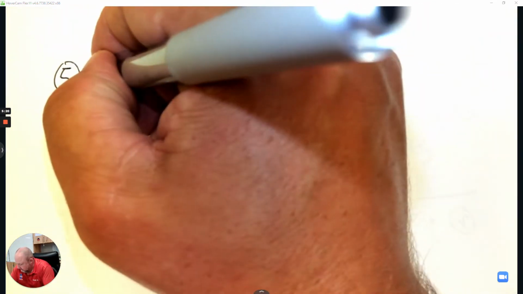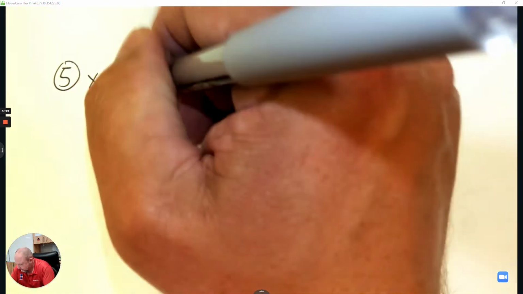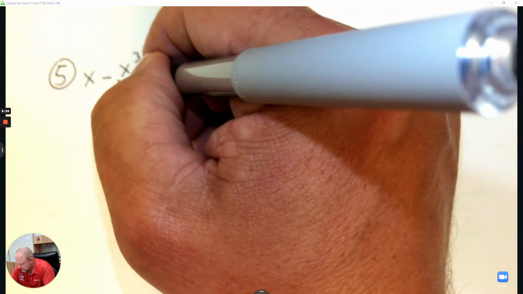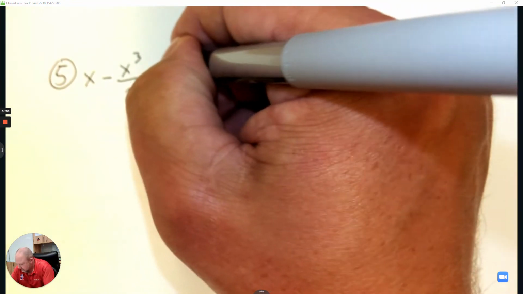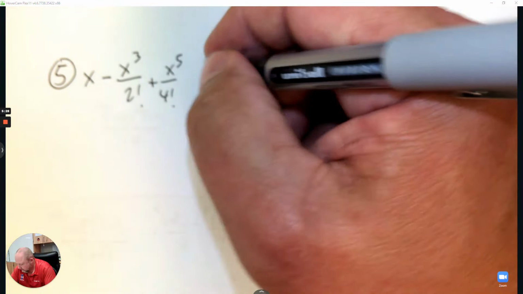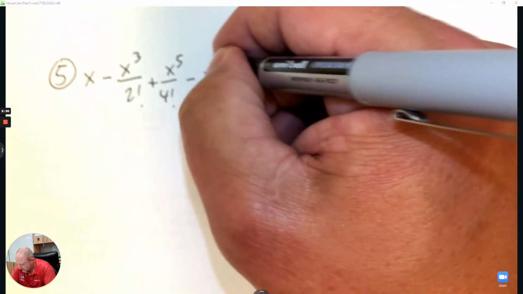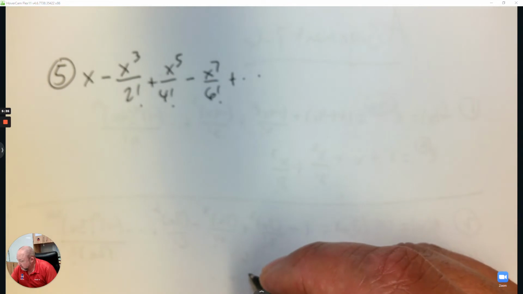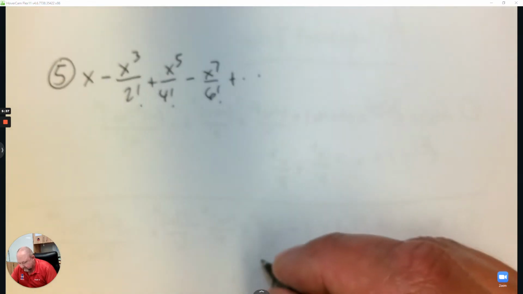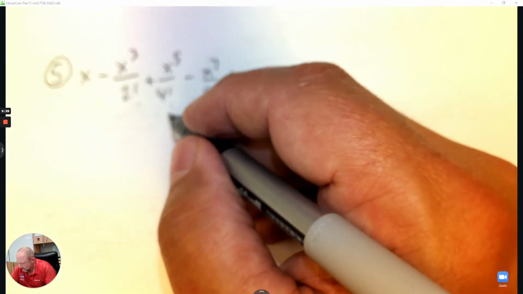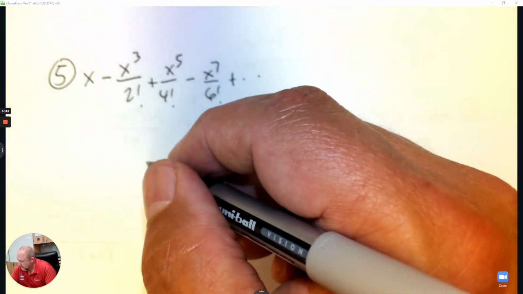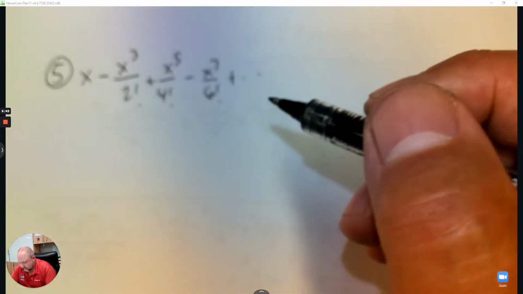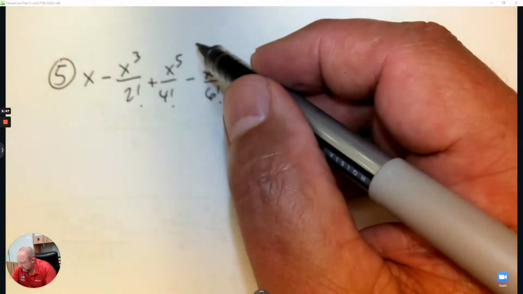We're going to work backwards here, and see if we can recognize which one it looks like. So it's alternating with this even. So this reminds me of, because it starts with x, then x cubed and so on, either sine or cosine.